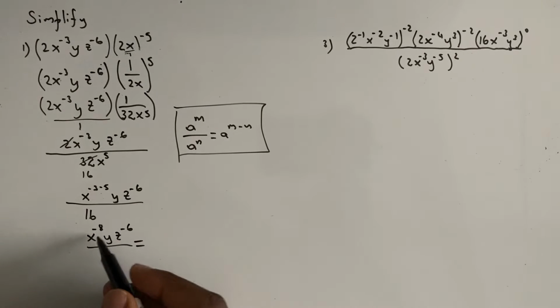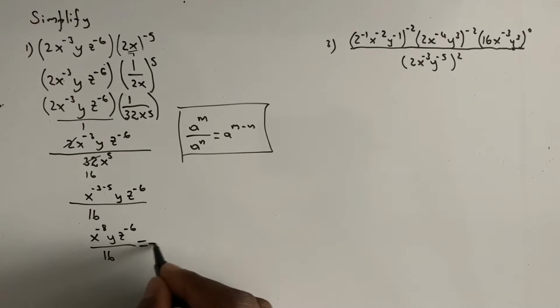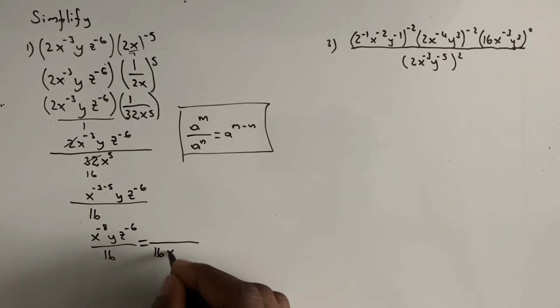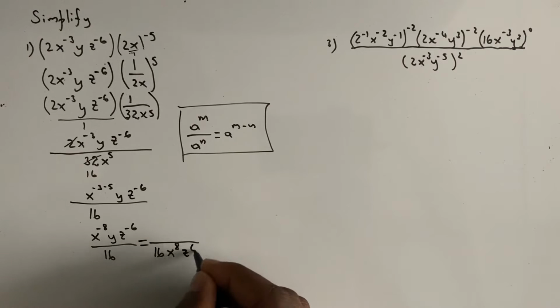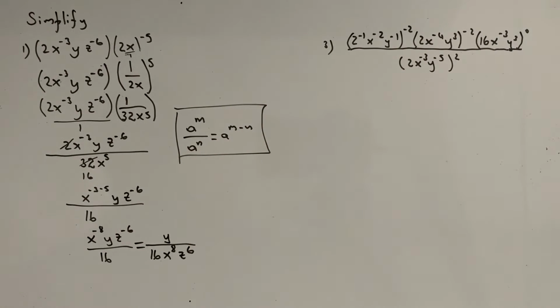In this case, these were in the numerators, so to change their signs, I just need to move them to the bottom. So I'll have now 16 x to the 8 and z to the 6. The y stays here because the power was positive 1, so it's not negative. So the answer is y over 16x to the 8, z to the 6. This is how you do this one right here.